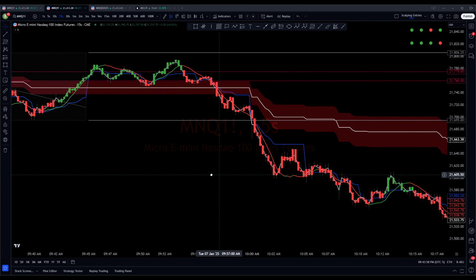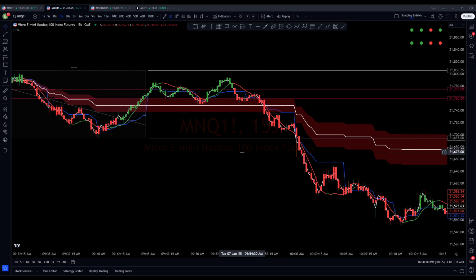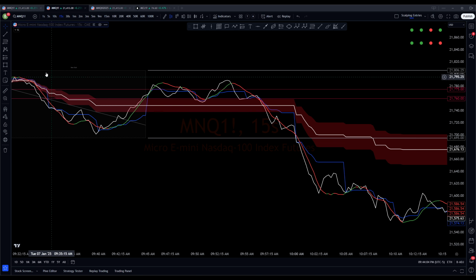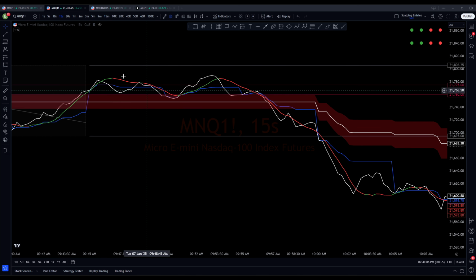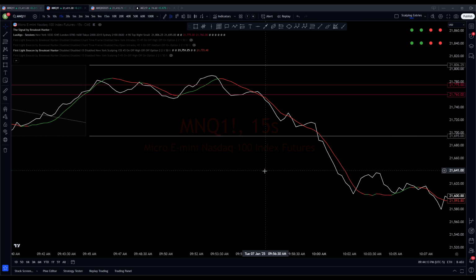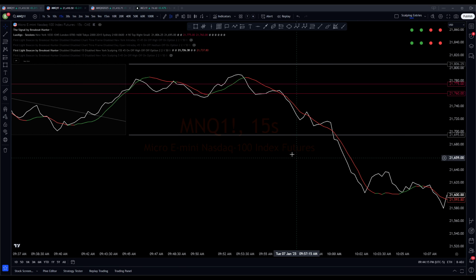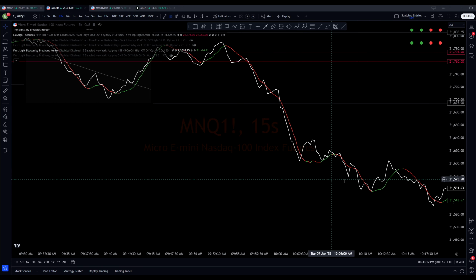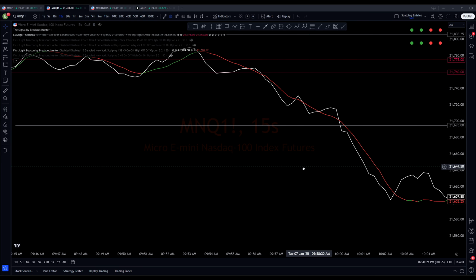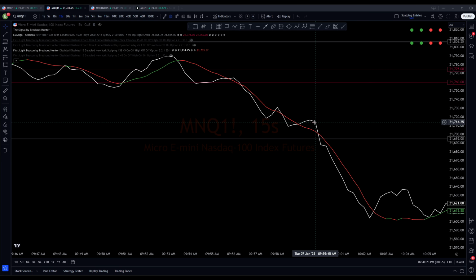Now, when you do this, I know you're going to be freaked out, but I actually shut the colors off. Now let me explain this to you. I'm going to turn off the 5 and the main one. So here's our beacon line right here. This is our linear regression line that's been modified. It's a little more accurate. This white line is our average price of the 15 seconds, basically.